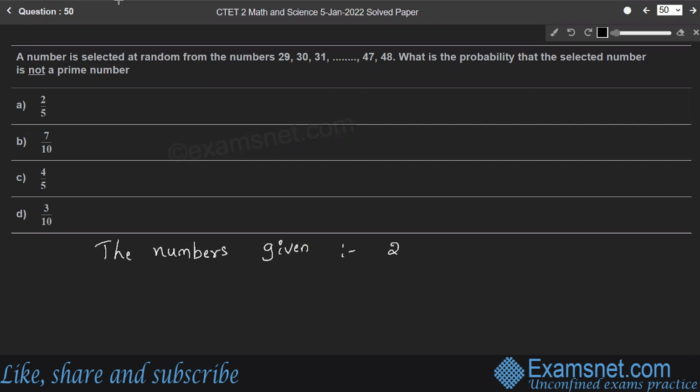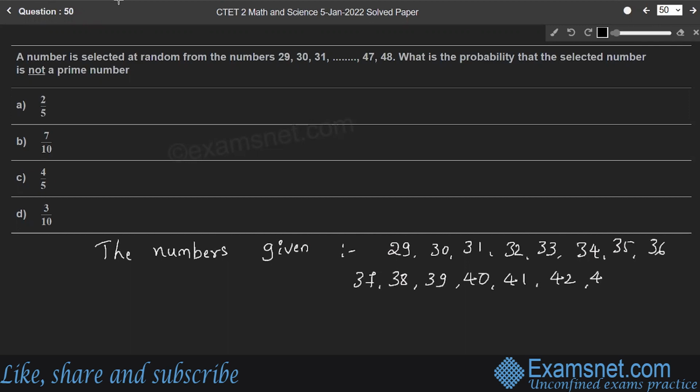are 29, 30, 31, 32, 33, 34, 35, 36, 37, 38, 39, 40, 41, 42, 43, 44, 45, 46, 47, and 48 here.